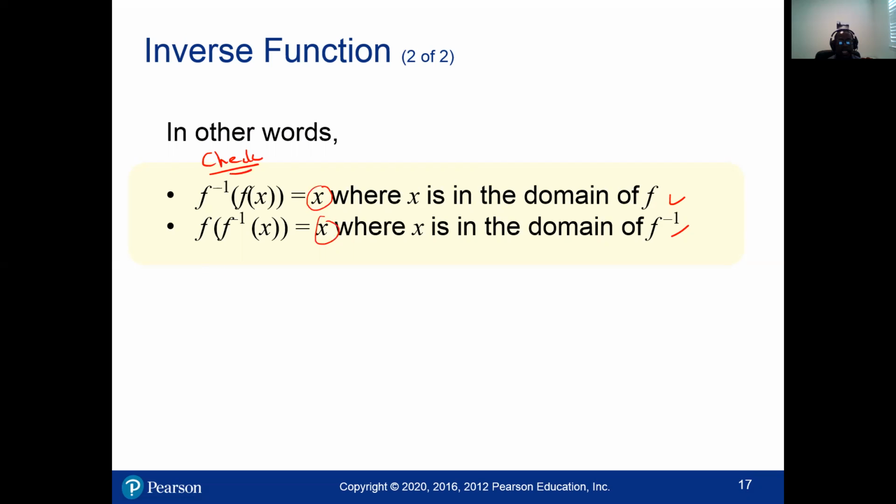We check that they are inverses if we do these two things, 1 and 2. If you do the composite functions of one on the other, you should always get x. We'll take examples and verify.